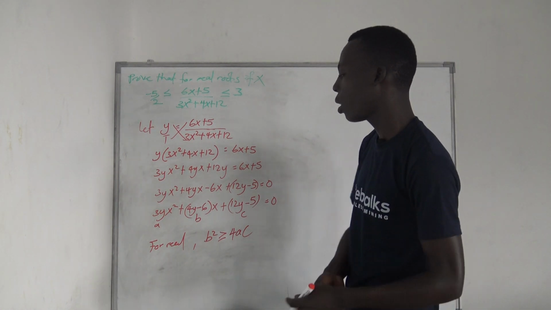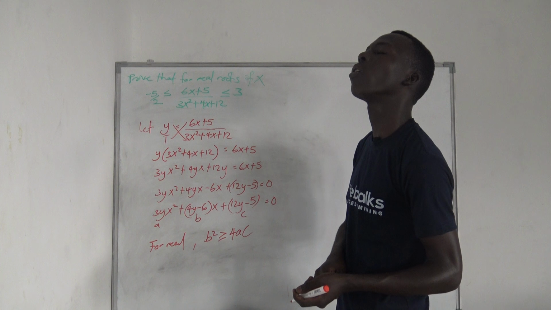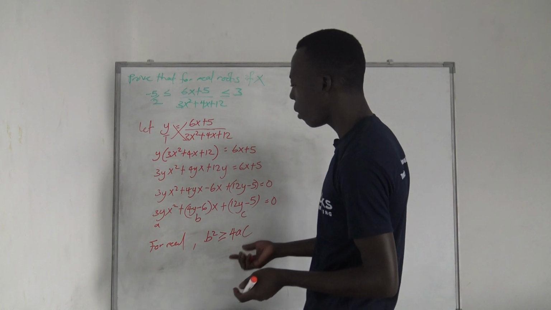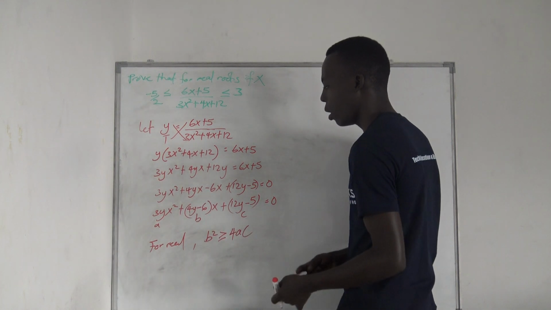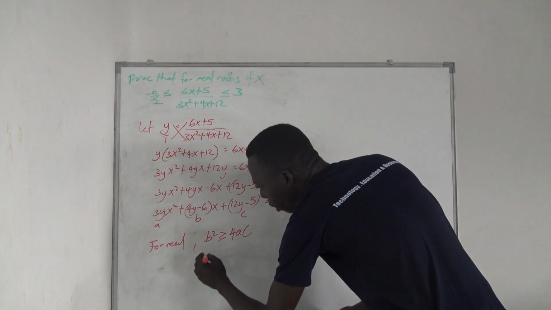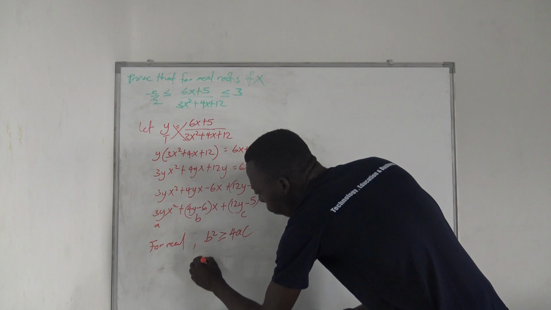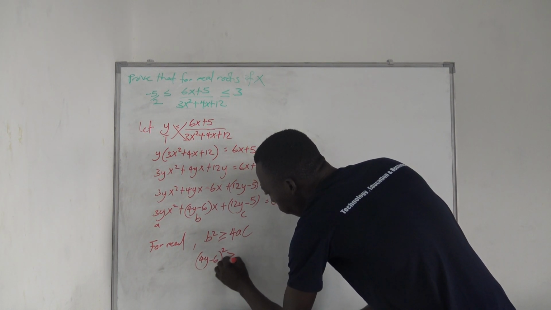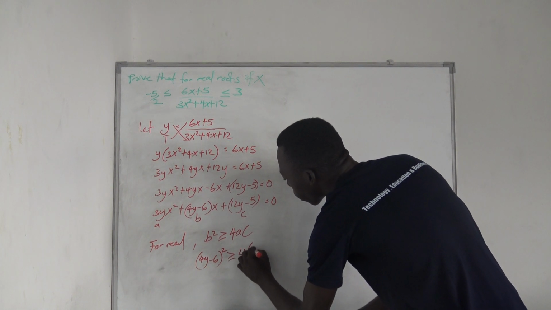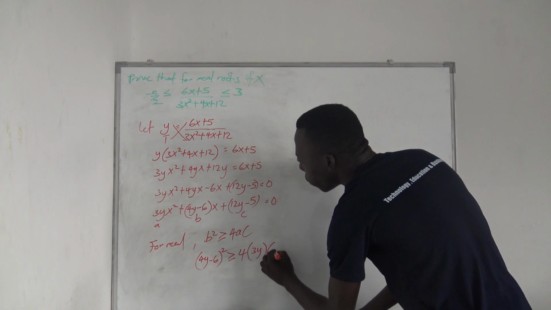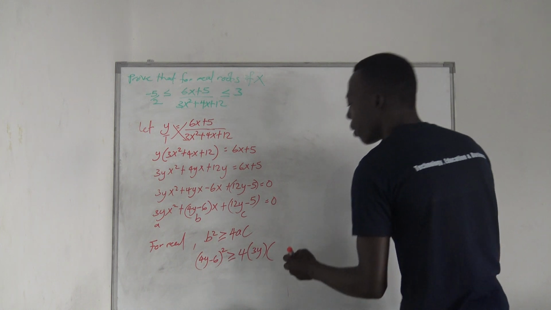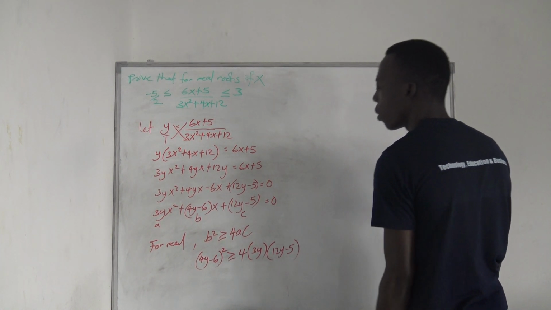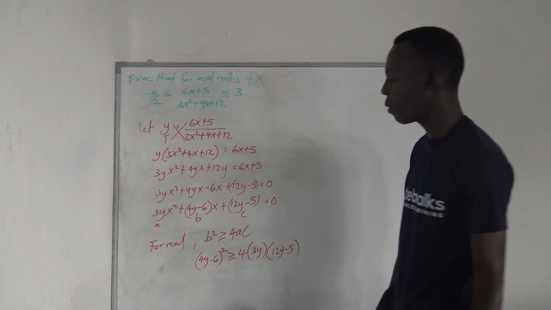So now we substitute the values of a, b, c. Here it becomes (4y − 6)² is greater than or equal to 4 into 3y into (12y − 5). That thing is what we have.